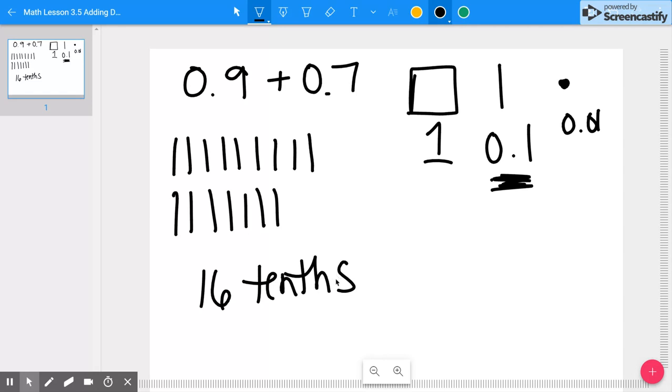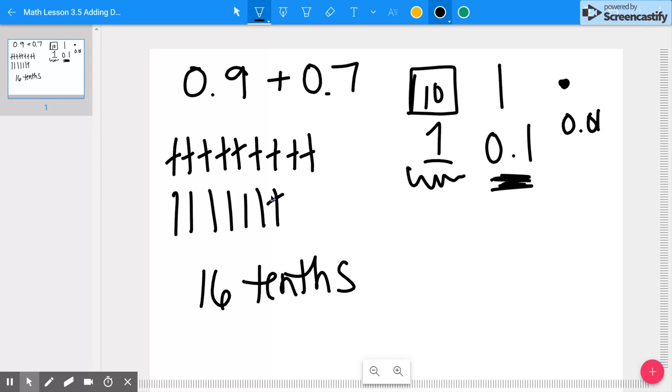So I need to ask myself, can I take any of these longs and exchange them for a flat? Well, I know that 10 longs make up a flat. So I can take 10 of these longs and regroup them to make one whole. 1, 2, 3, 4, 5, 6, 7, 8, 9, 10.